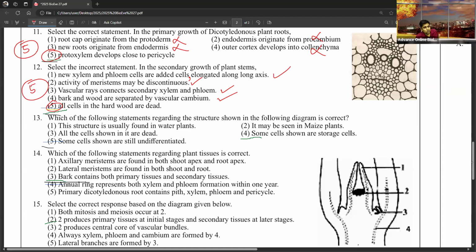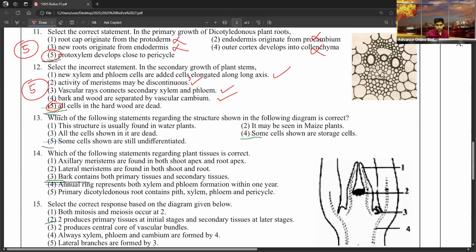You learned some different categories: heartwood and sapwood, hardwood and softwood. Hardwood is the angiosperm wood, softwood is the gymnosperm wood. Whether it is gymnosperm or angiosperm wood, the central wood is the heartwood and the peripheral wood is the sapwood. All right.